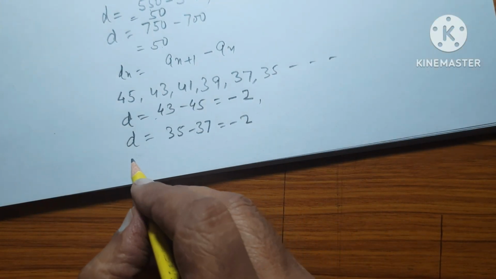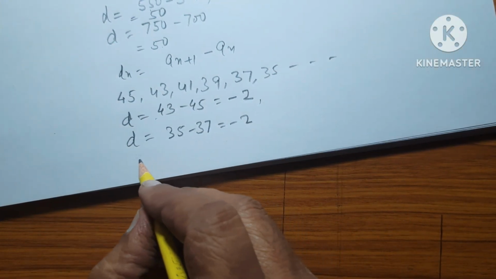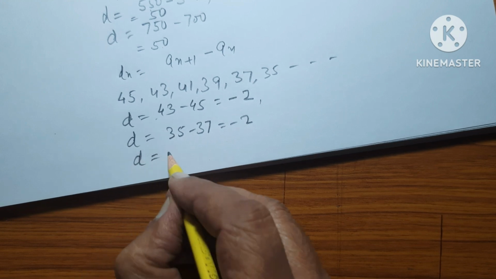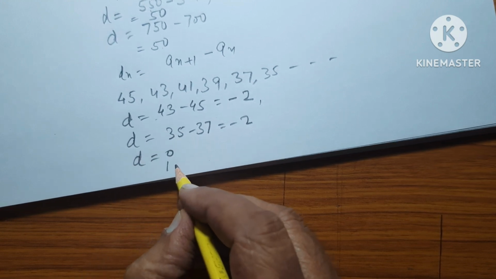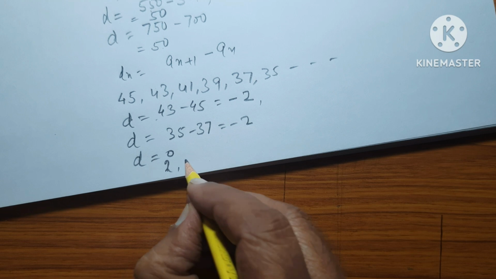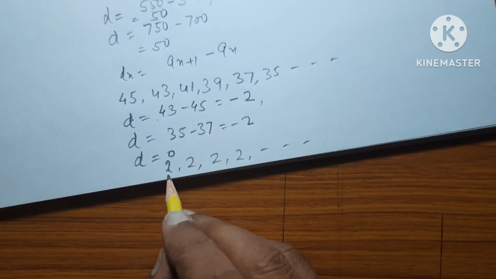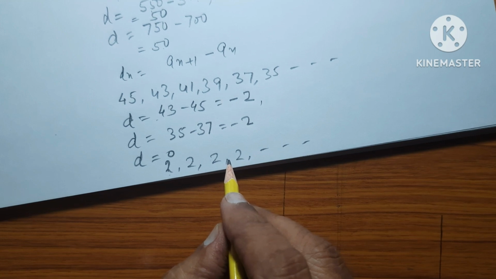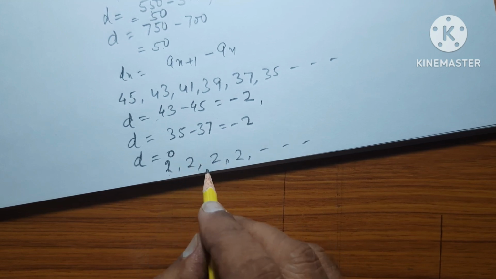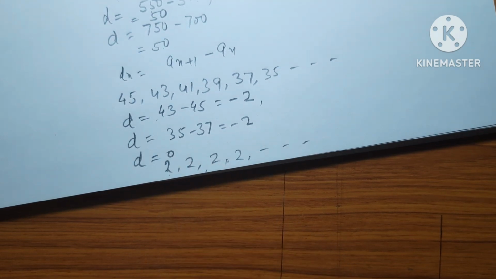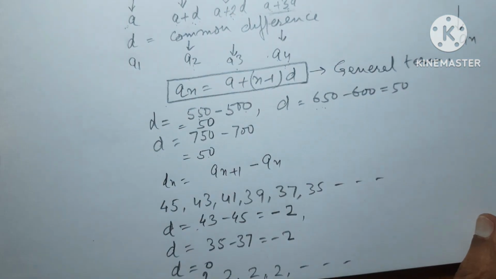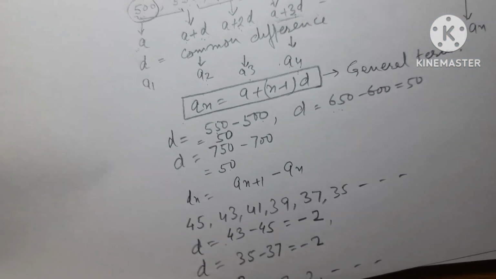d can be 0 also. For example, if I write 2, 2, 2, 2 and so on, this is also an arithmetic progression with d equal to 0. d can take any value: positive, negative or 0.